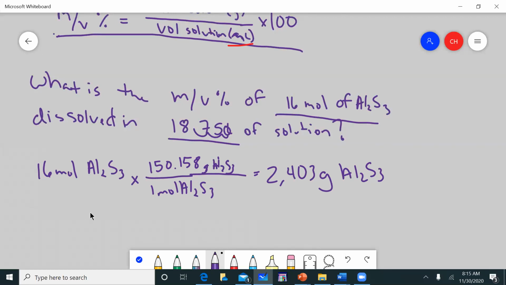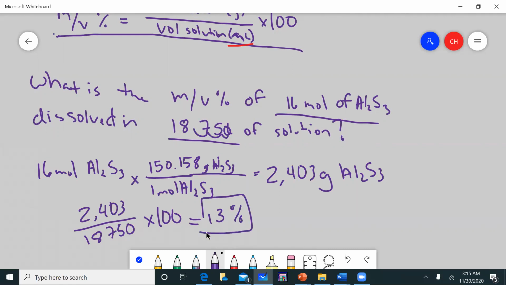So this equation is going to be 2403 divided by 18750, and then we want to multiply it by 100. There are only 2 sig figs here, so we end up with 13%.